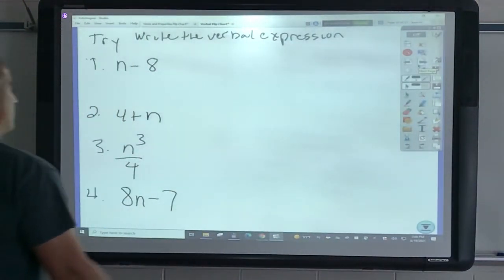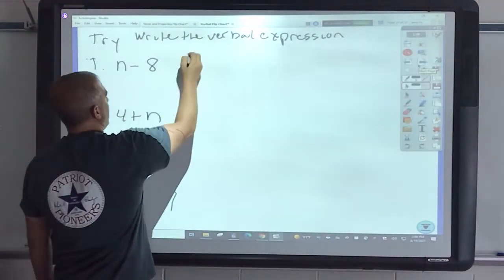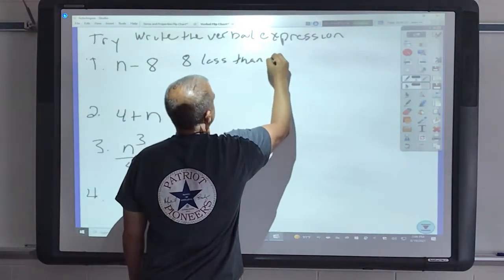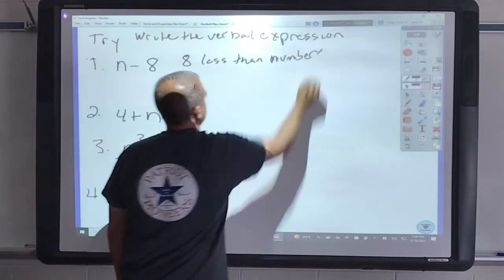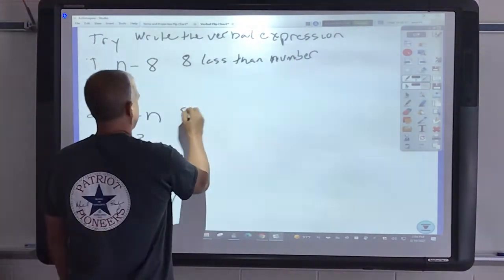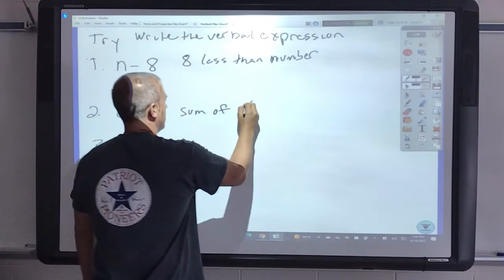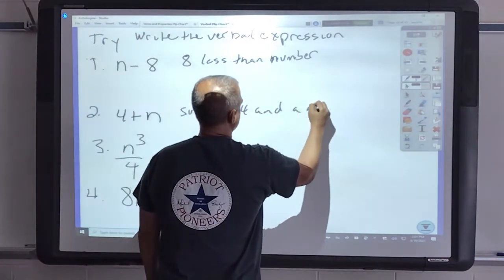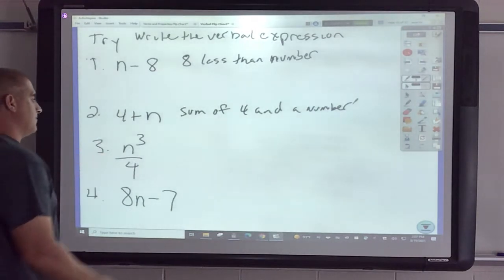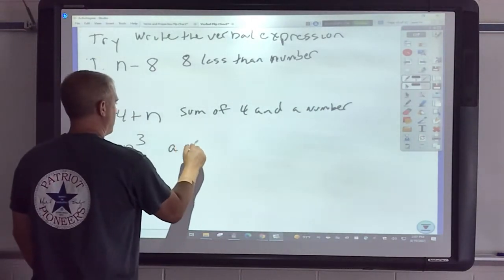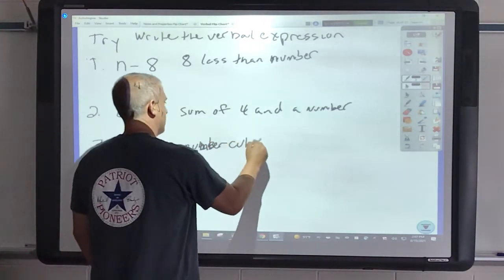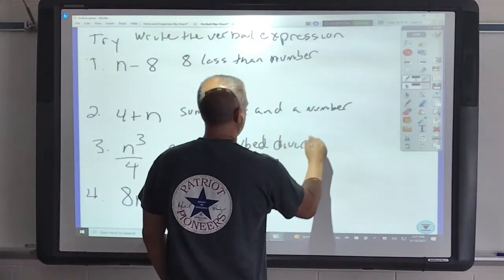Okay, so an answer here, got subtraction, 8 less than a number. I like doing that just because I like the idea of switching the order sometimes. Sometimes it makes it a little bit easier. This is like the sum of 4 and the number. This is a number cubed divided by 4.